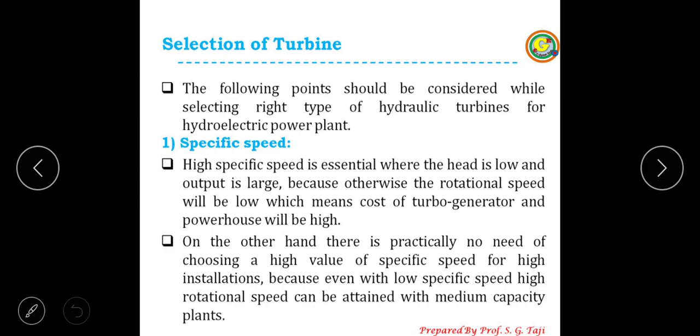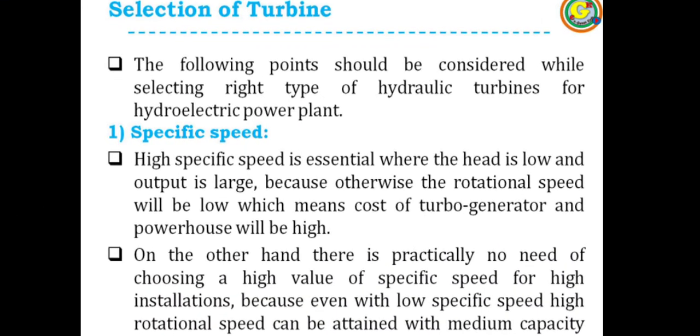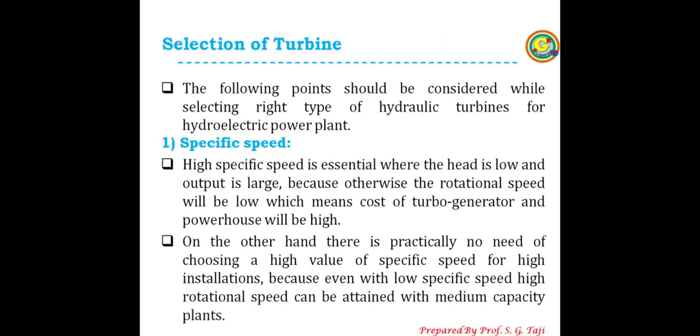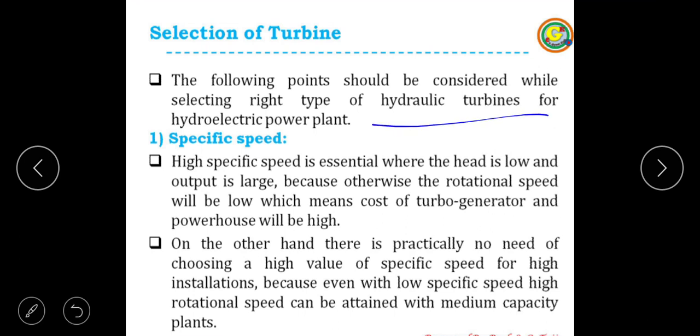Now, selection of turbine. The following points should be considered while selecting the right type of hydraulic turbines for hydroelectric power plant. Specific speed.